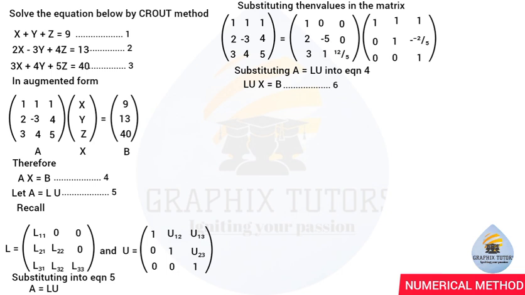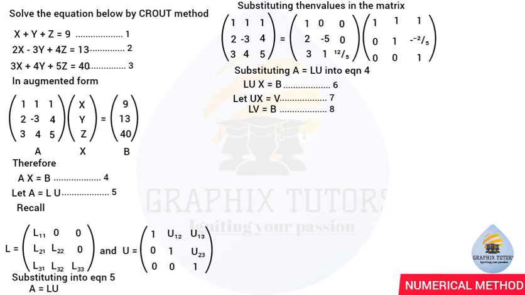From there, we'll say let UX be equal to V. That will be my equation 7. Is that taken? So in doing that, instead of writing UX, we'll be writing LV equals B. That will be my equation 8.